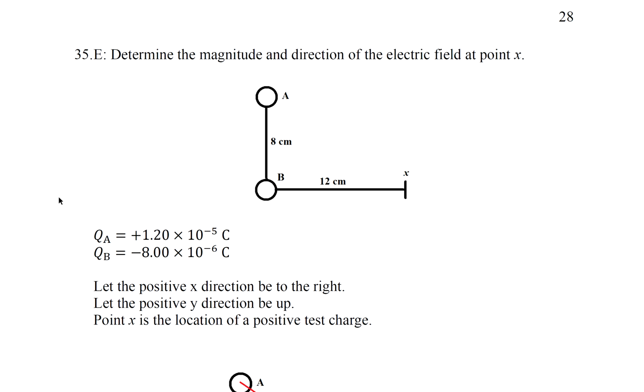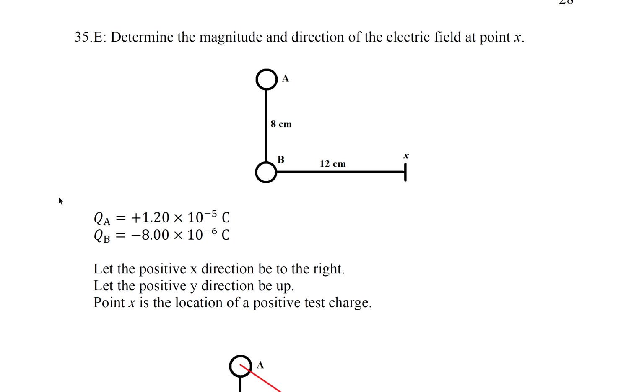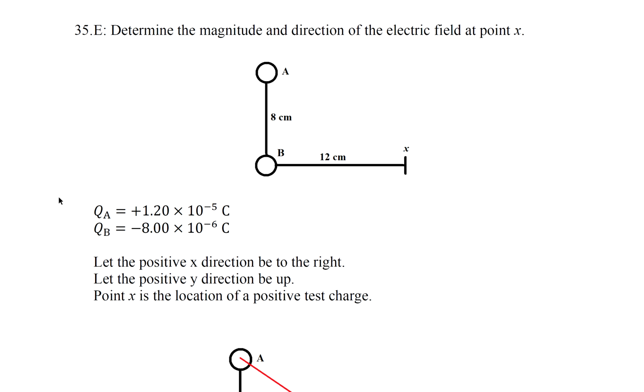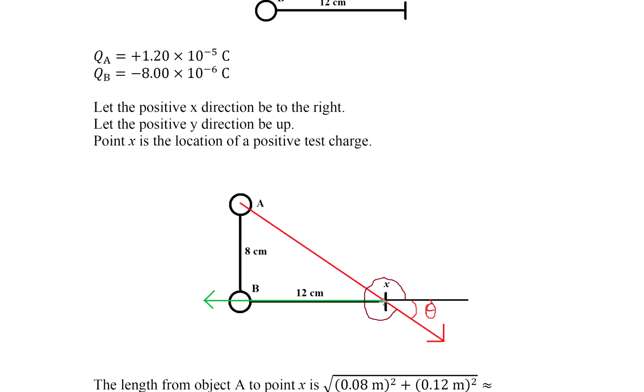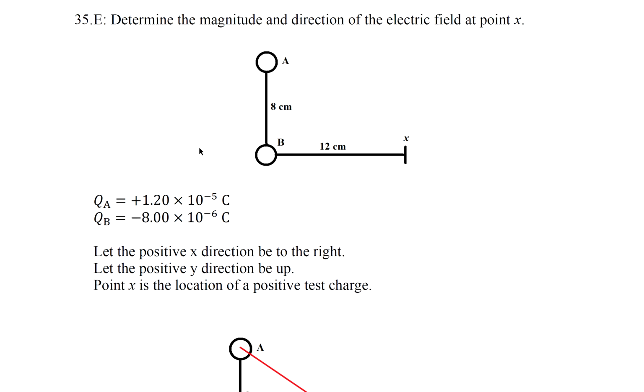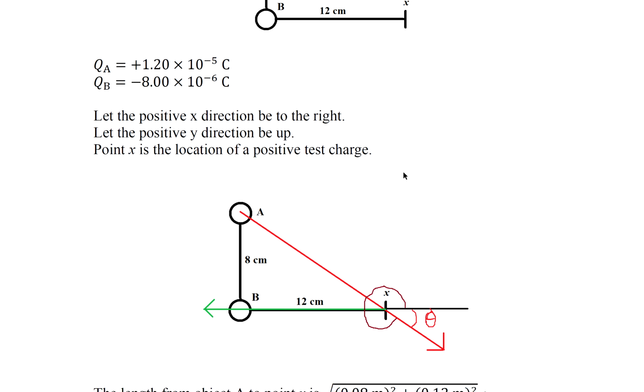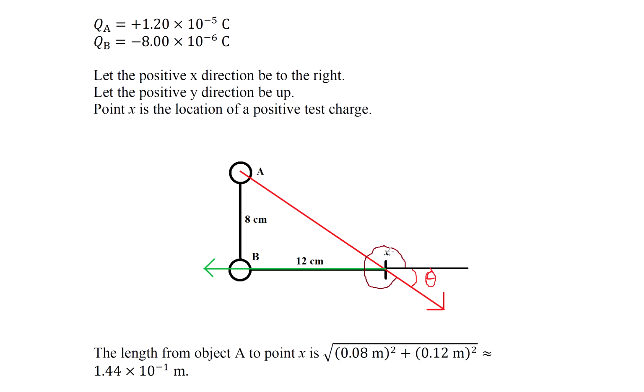Question 35, determine the magnitude and direction of the electric field at point x. Okay, so this is in 2 dimensions now. So now we got to do that x-axis, y-axis thing, okay? So we're going to put a test charge here that's positive at point x. Now, if A is positive, it's going to push x southeast, which we have in red.